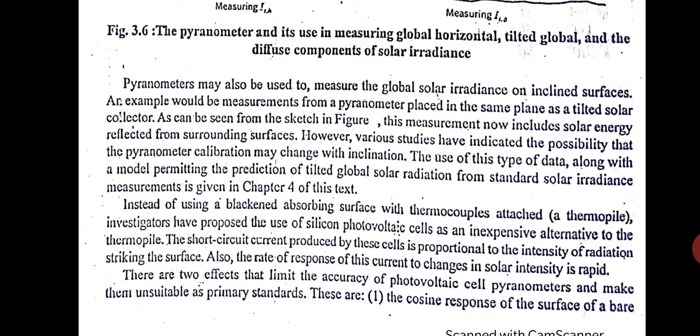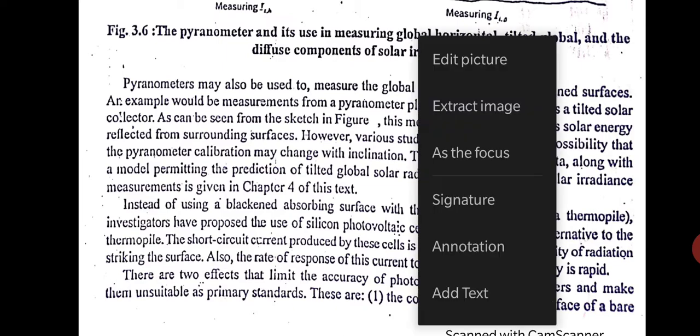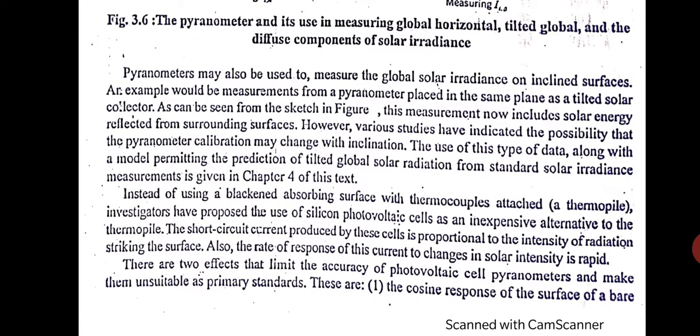So basically what happens in the thermopile, earlier days they were using thermocouples or a series of thermocouples called a thermopile, but now they are using photovoltaic cells only. Solar PV cells made of silicon are used, and they are cheaper and more reliable.